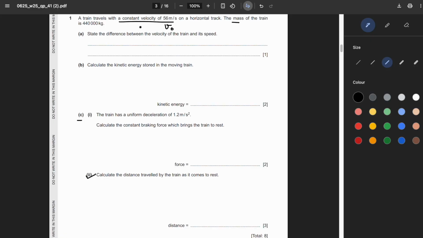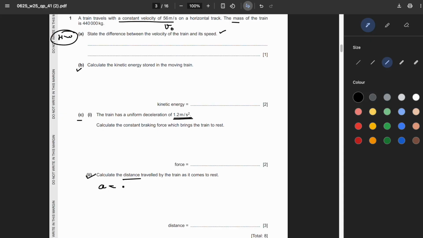Now, the mass of the train is given. First of all, state the difference between the velocity and the train. This is your homework. You can very quickly do that if you have gone through the video completely. I am focused here on this one because I haven't done kinetic energy yet. I want to calculate the distance traveled here. So it has already given me that there is an acceleration. So I am taking the value from the previous part, which you have to take care.